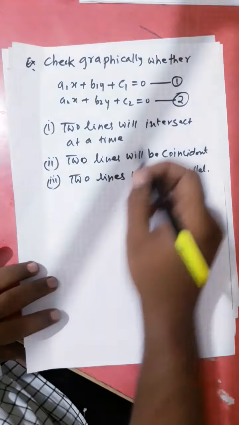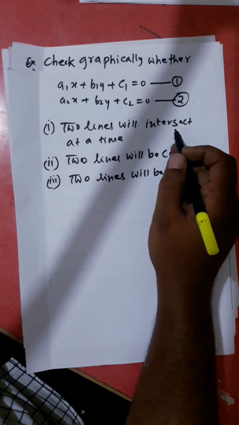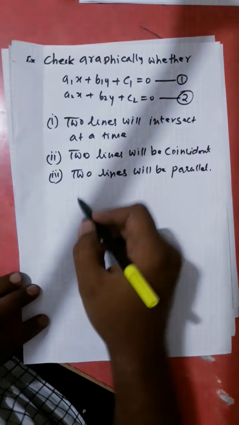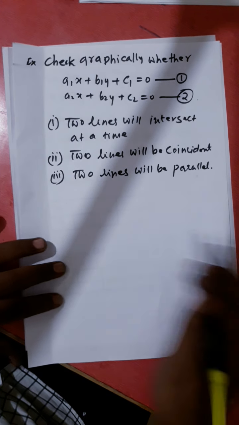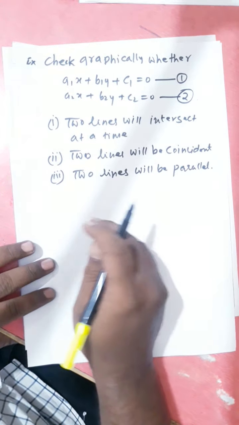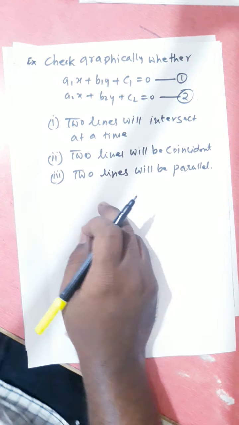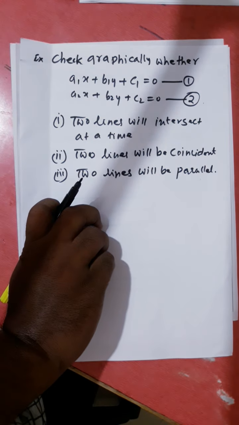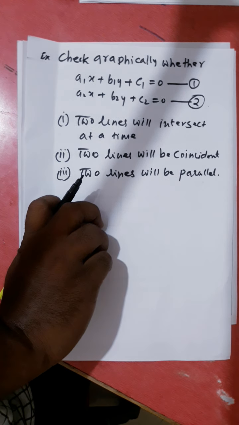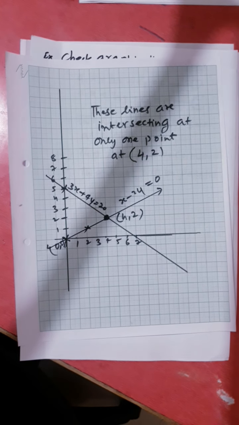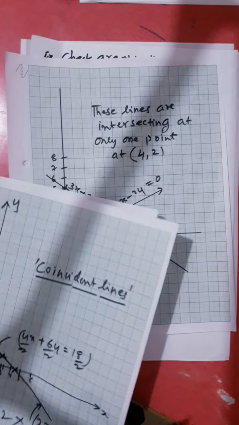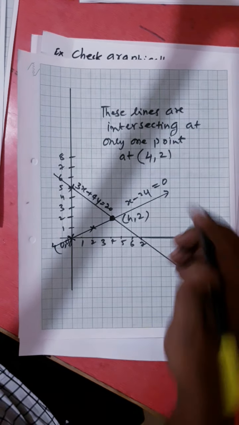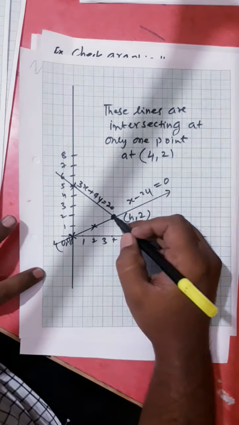If two lines are intersecting at a point, as we have seen in example number 1, these two lines are intersecting at a point.